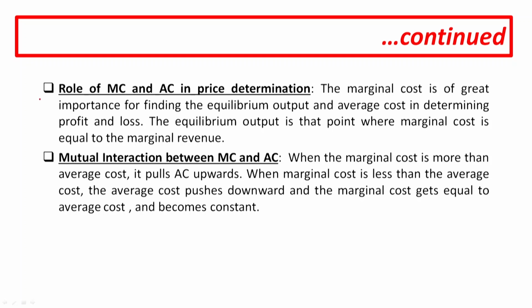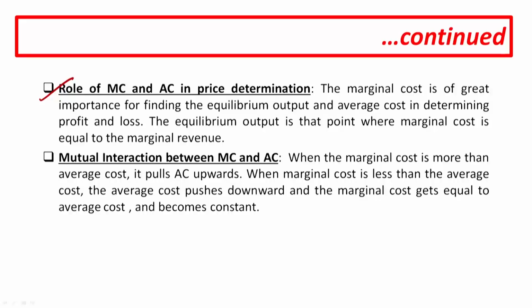Next point, role of marginal cost and average cost in price determination. Marginal cost and average cost are very important in deciding the price for the commodity. When we come to this point, we will be discussing it in detail in our coming classes, when we will be discussing the different forms of the market.